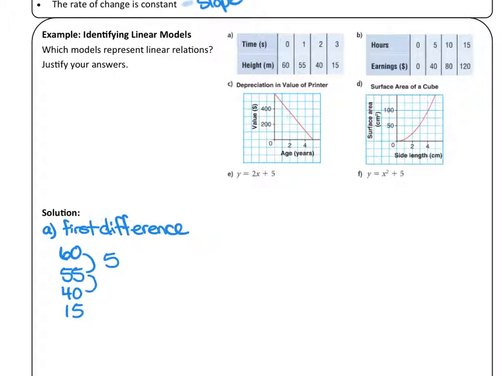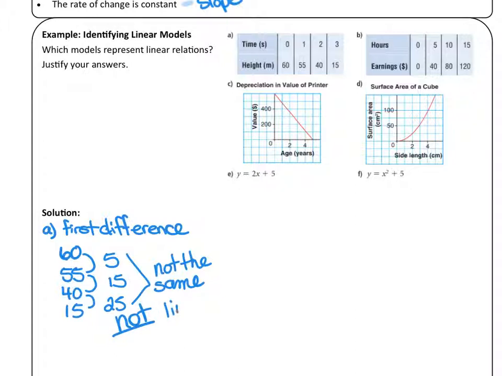Between 55 and 40 is 15. And between 40 and 15, the difference is, oh my god, my math, 25. Now notice they're not the same. Not the same. So we can say that this is not linear. So that was for A.